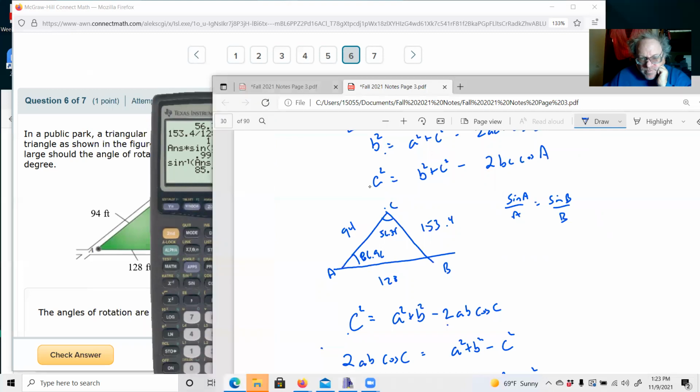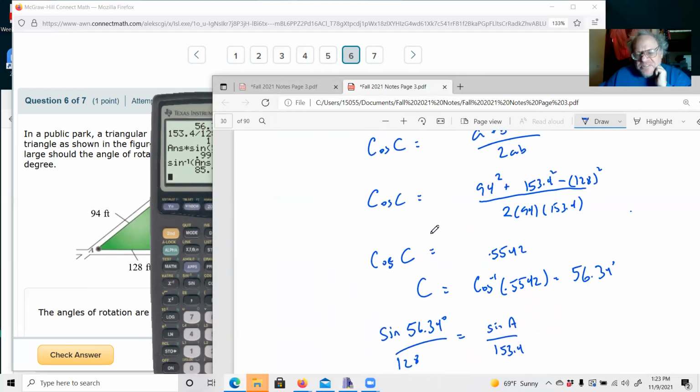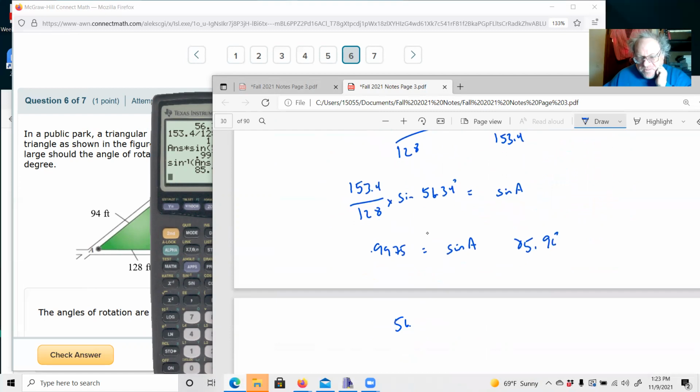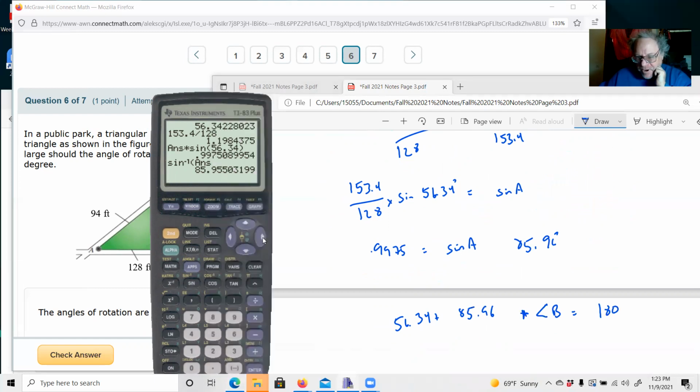All right, how do we get the last one? Well, we know that we have 56.34 plus 85.96 plus something, angle B. What are the three angles of the triangle supposed to add up to? So getting that last one is not going to be too much of a problem.